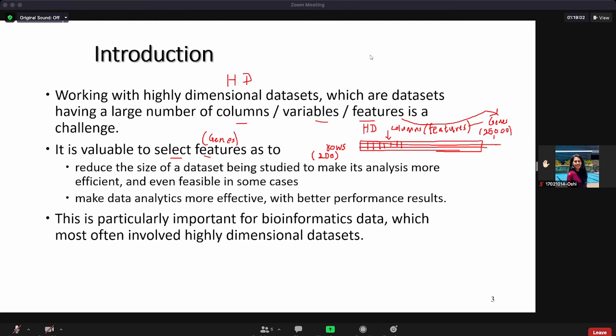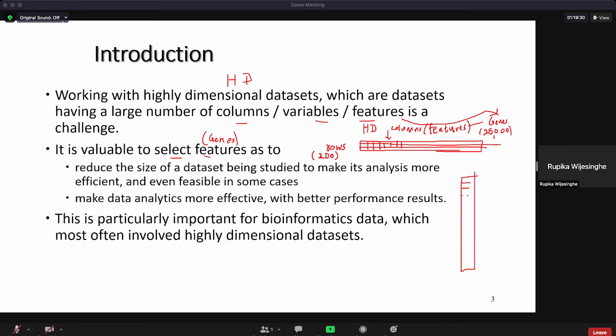Does anyone have a question? Ma'am, in the previous example in the video, you said that the rows will be having the genes. Yeah, that can be. In that sense, we will represent the data set like this, no?